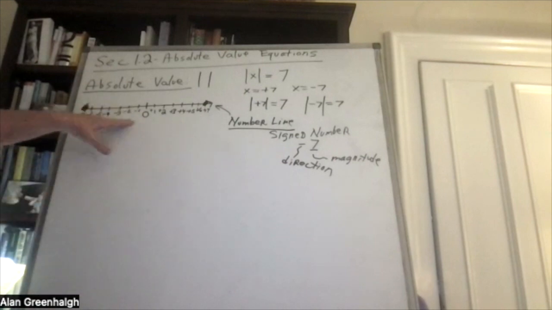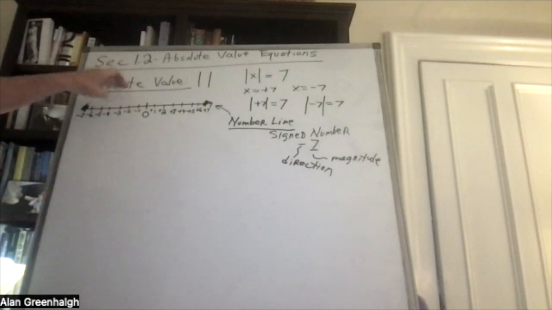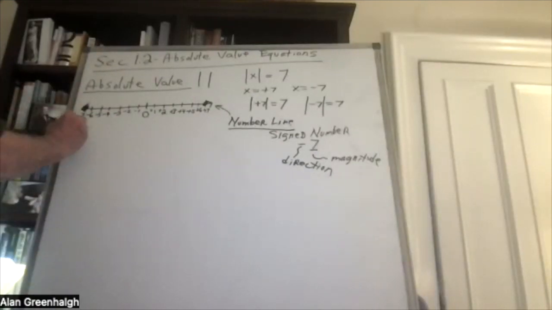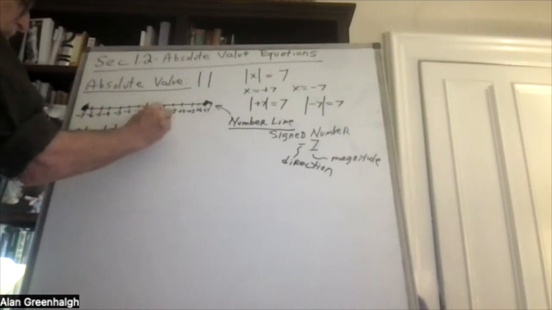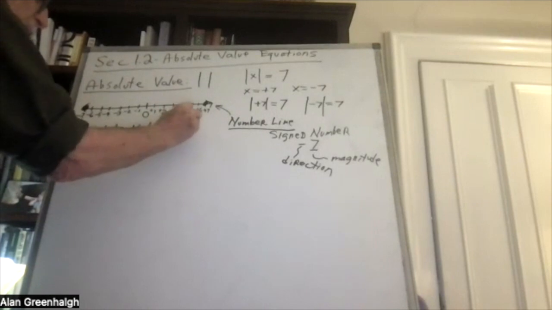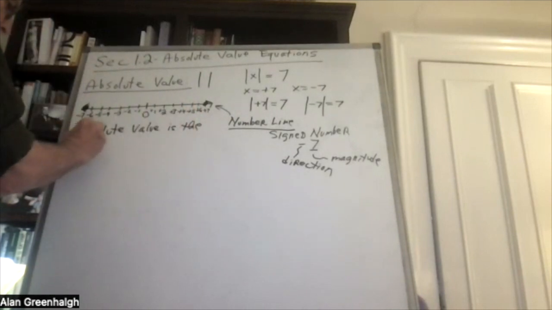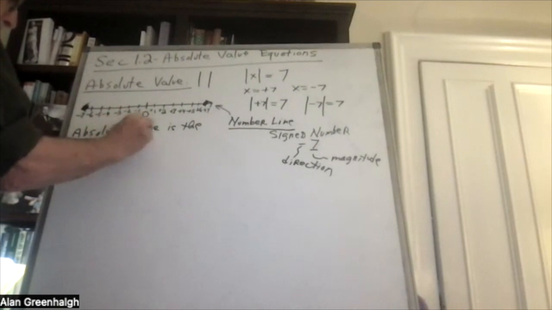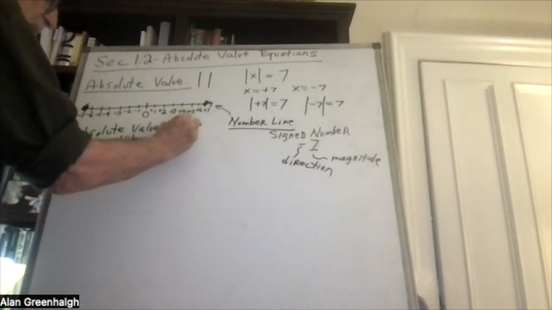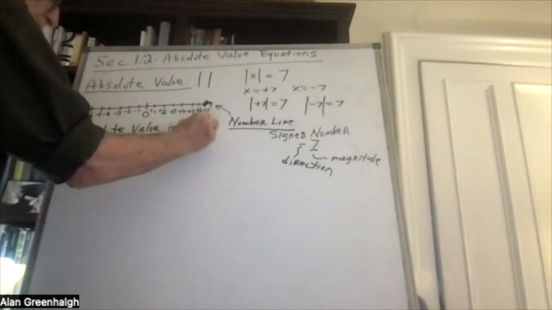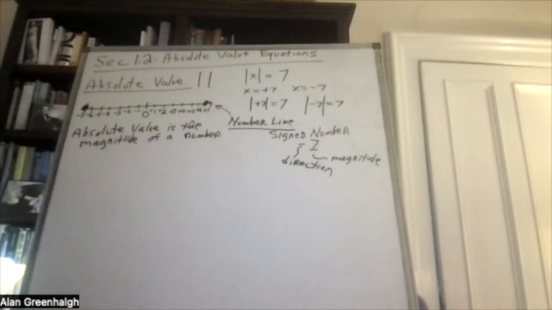So, that's what we're talking about. But when we're talking about absolute value, we're just talking about the magnitude of a signed number. We could just say a number. Absolute value is the magnitude.